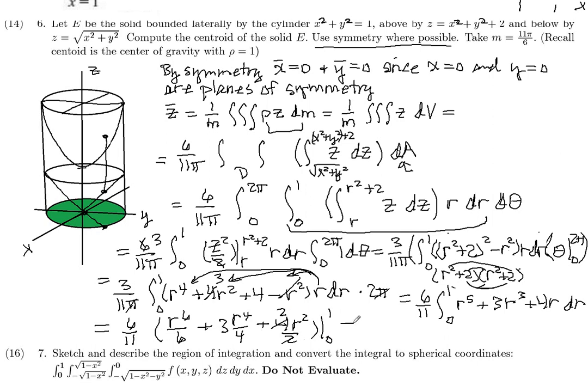Okay, and if you do the calculator work here, we plug in 1, plug in 0, you don't get anything. So plug in your 1, you've got 1/6 plus 3/4 plus 2 times 6/11. And that gives you 35 over 22. So our centroid then is 0, 0, 35 over 22.